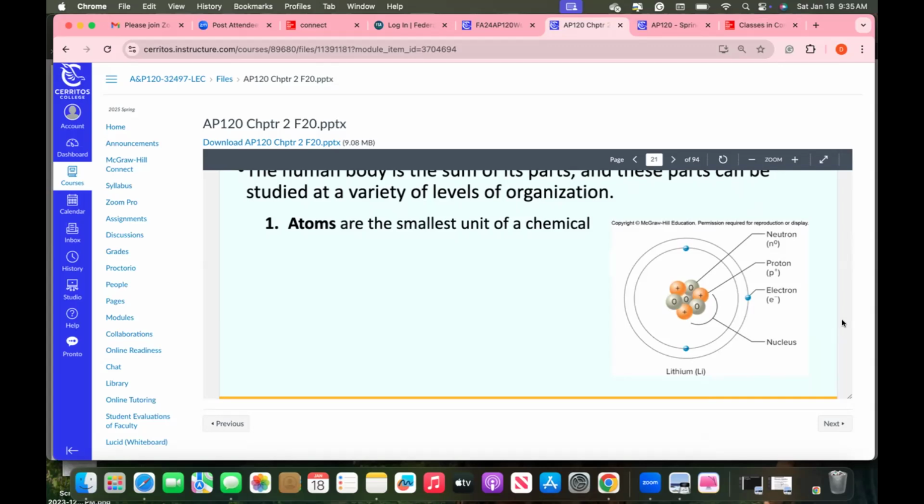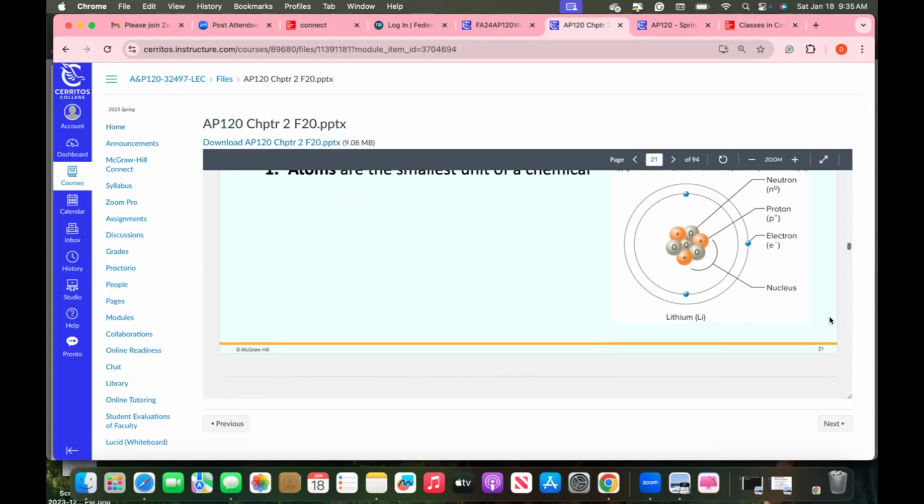Usually the number of protons matches the number of electrons. Sometimes they don't, and you get different kinds of things when that happens. But this is just a picture of that. Okay, let's keep going.